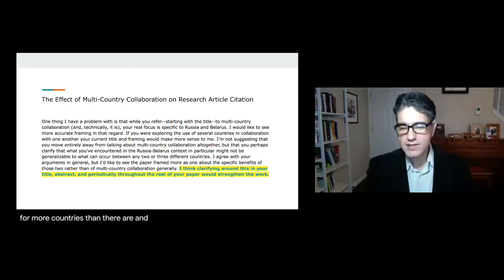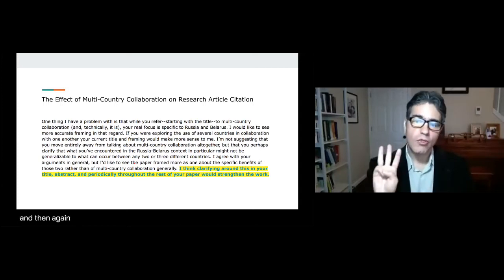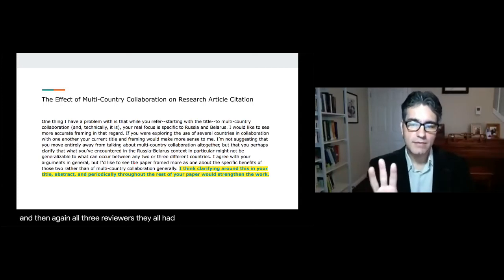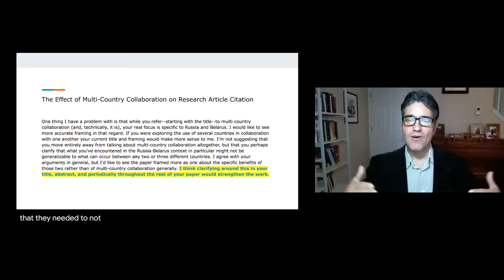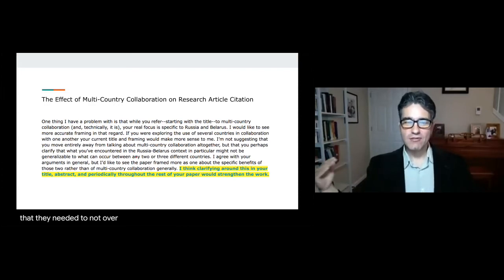Again, this didn't cause the manuscript to get rejected, but it certainly didn't cause a positive impression. And all three reviewers had the same consensus about this, that they needed to not overgeneralize the importance or the relevance of their findings.